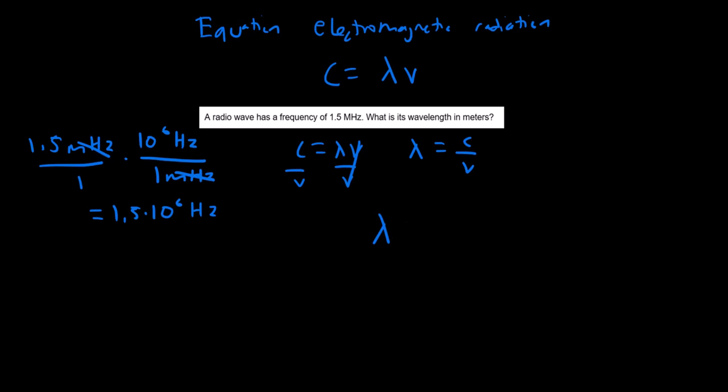So the wavelength equals the speed of light, which is 3.0 times 10 to the 8th meters per second, which is the same always, over the frequency, which is 1.5 times 10 to the 6 hertz. And we're just going to solve this, and we're going to get our answer, which is 200 meters.